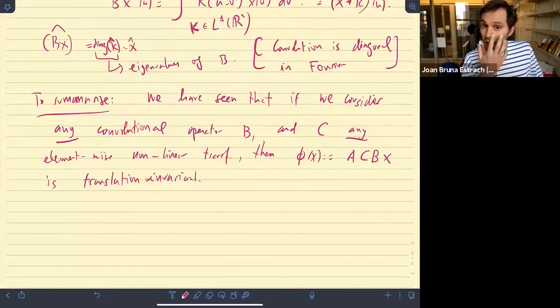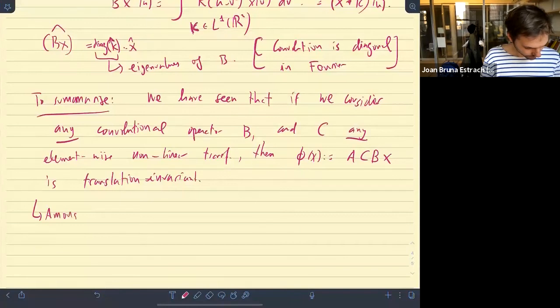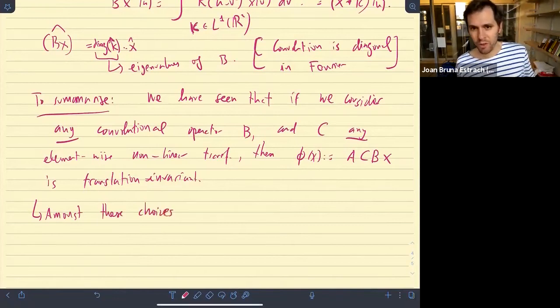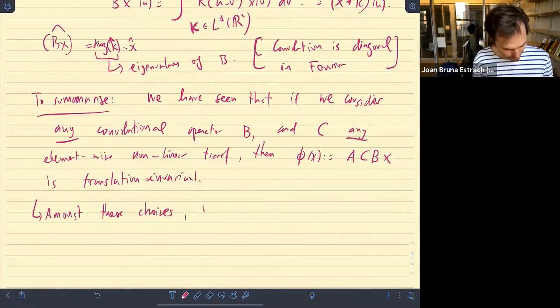But the question is, amongst all these choices, which one is going to give me the stability? Here I'm giving you a lot of choice. You can pick any convolution, any element-wise nonlinearity, and don't worry, things are going to be translation invariant. This is too loose. Among all these choices, which one is also stable?